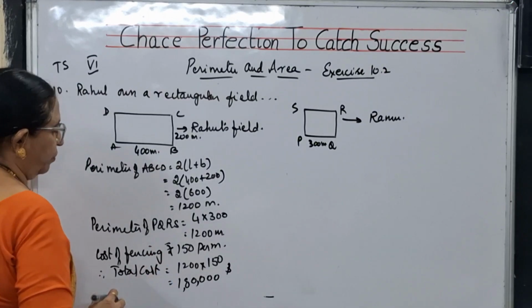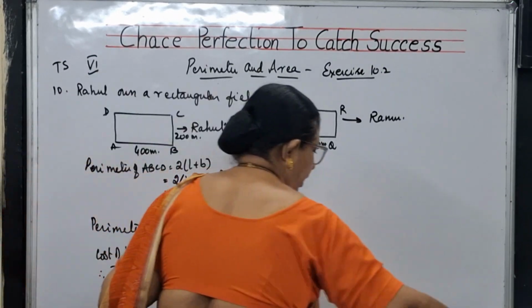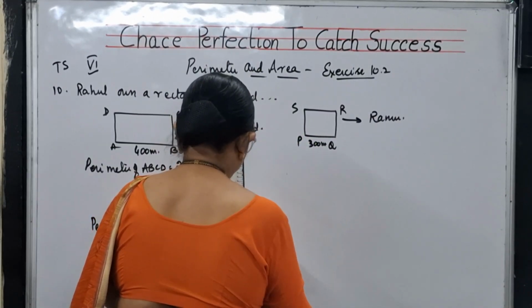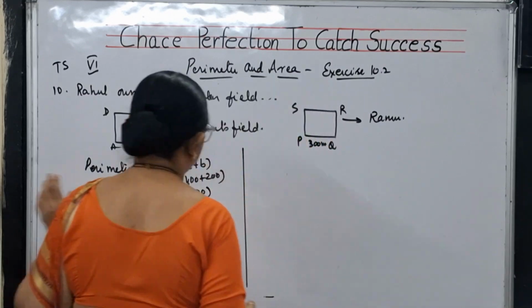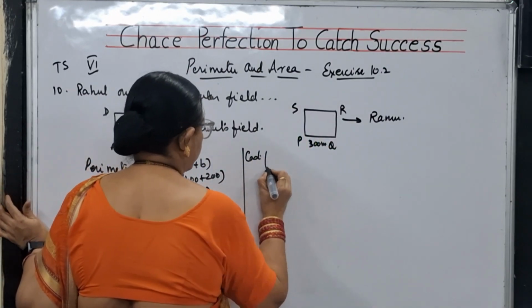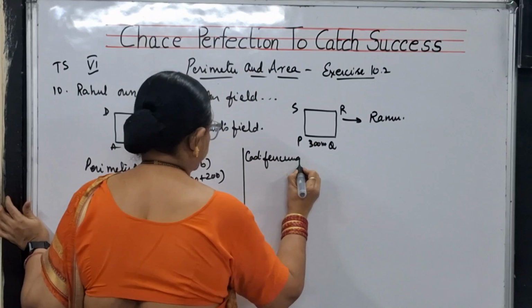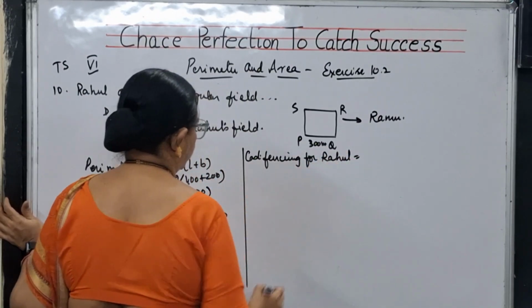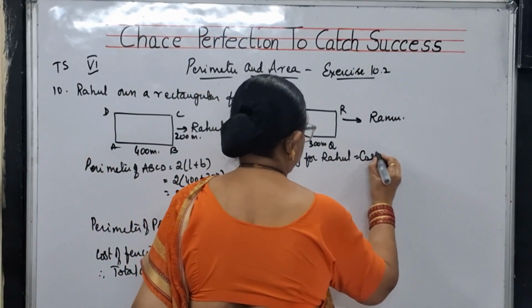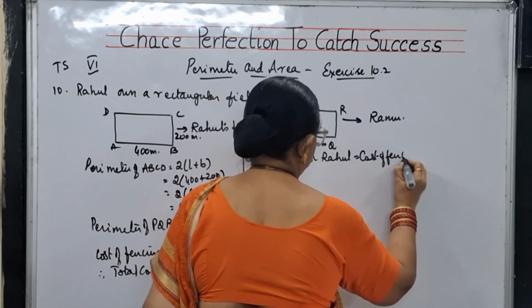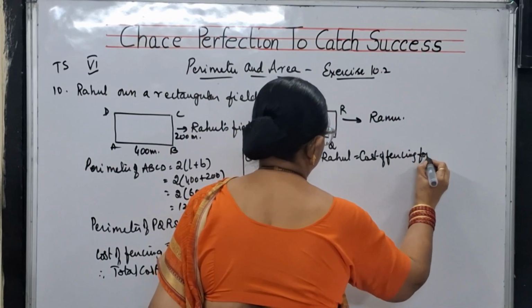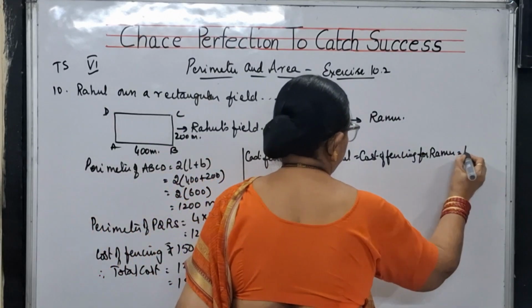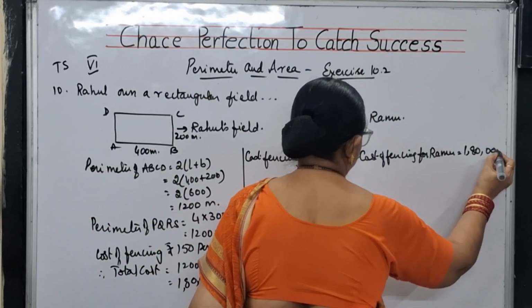So the cost of fencing for the square and the cost of fencing for the rectangle, that is, cost of fencing for Rahul is equal to cost of fencing for Ramu, that is equal to 1,80,000 rupees.